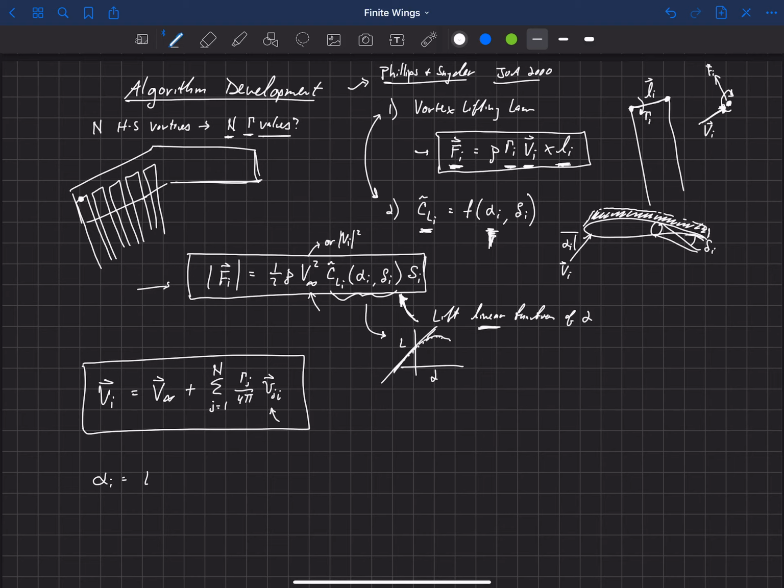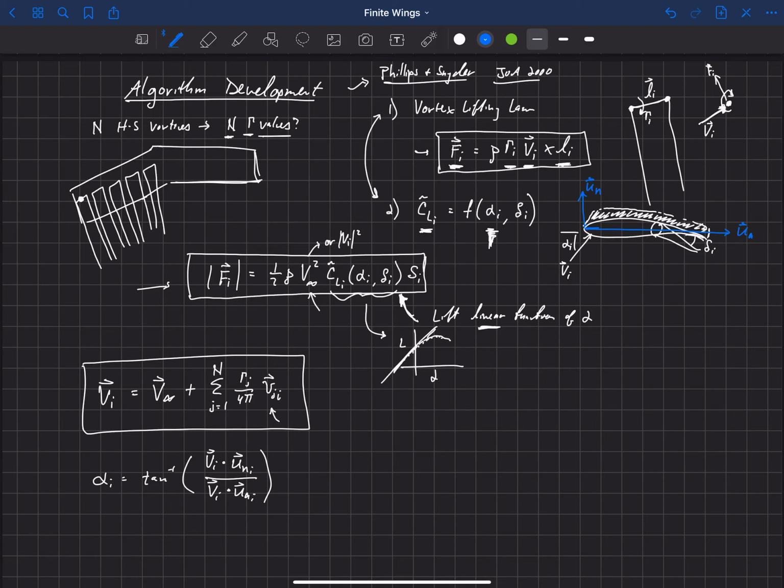The angle of attack is equal to tangent inverse of my local velocity v I dotted with my unit normal divided by v I, my local velocity dotted with a unit axial. Now the unit normal and unit axial, we can draw those over here. We're going to have some axial direction, the unit axial, and also a unit normal.